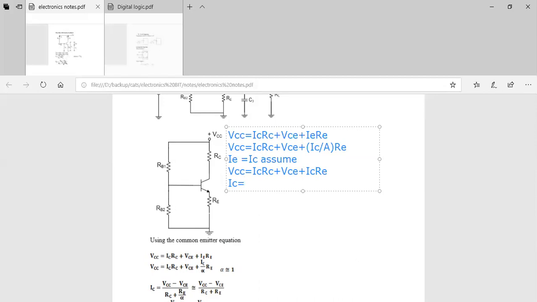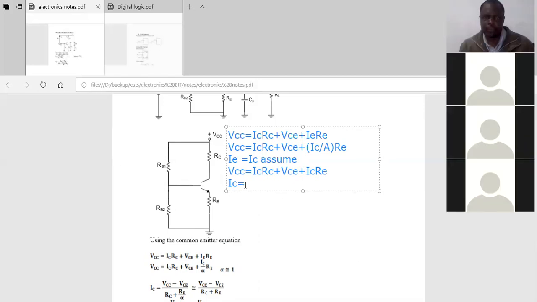It will be given by VCC minus VCE, or that in the brackets, divided by the brackets RC plus RE.